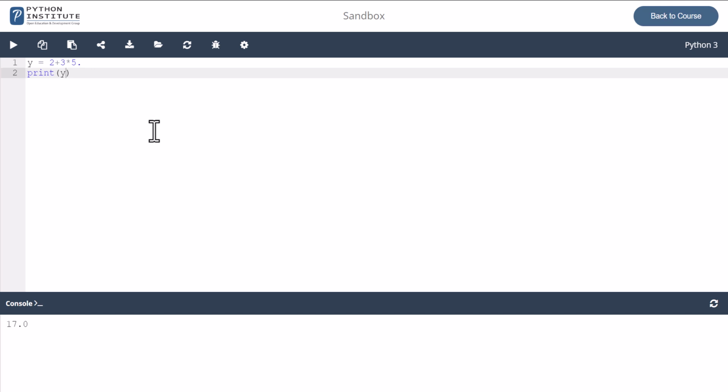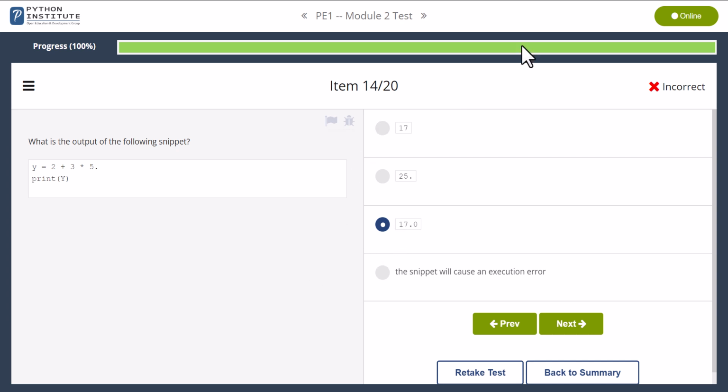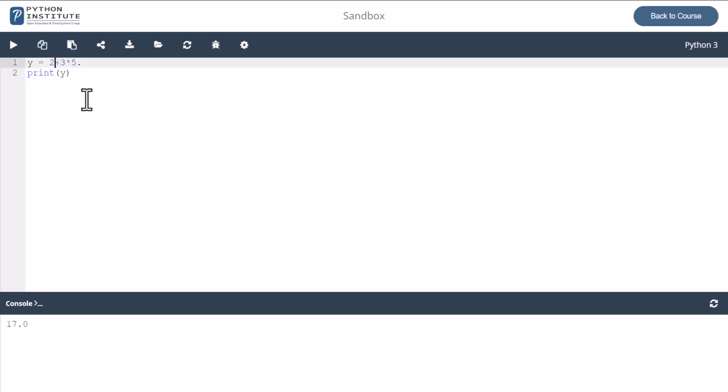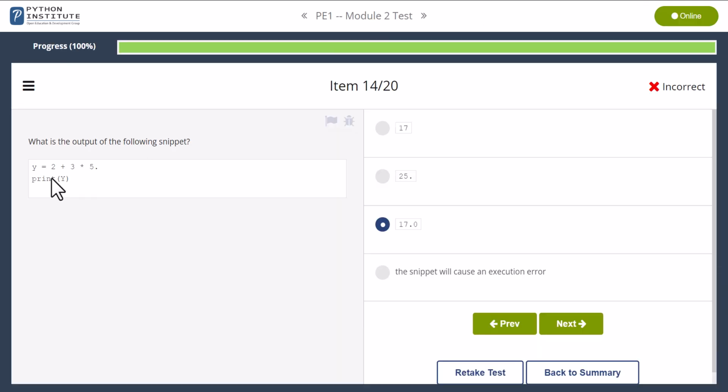Let's see what it calculates to. Okay. What was my answer? 17.0, and it's 17.0. Why is this wrong? Y equals 2 plus 3 multiplied by 5 point, right? I'm doing exactly this, right? I think so.